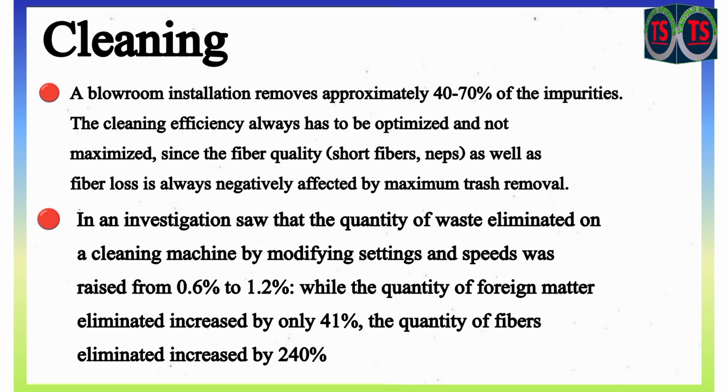In an investigation it was seen that the quantity of waste eliminated on a cleaning machine by modifying setting and speed was raised from 0.6% to 1.2%, while the quantity of foreign matter eliminated increased by only 41%.